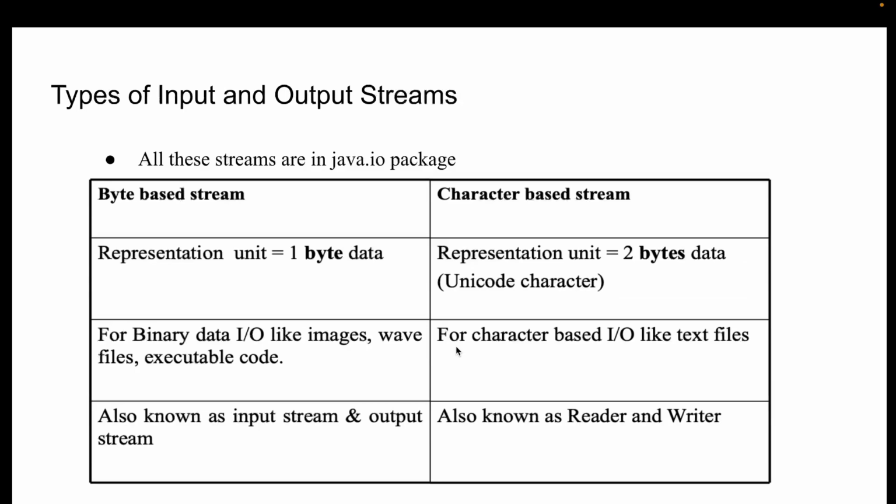See this slide, types of input and output streams. We have gone through several packages as of now, like java.lang, which is the default package and contains a lot of default libraries provided by Java.